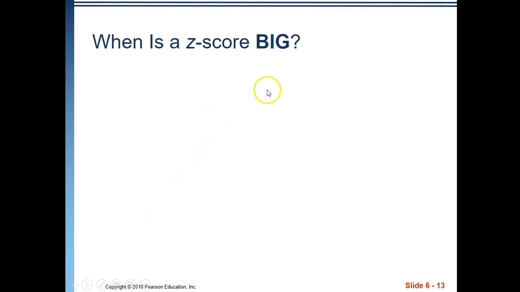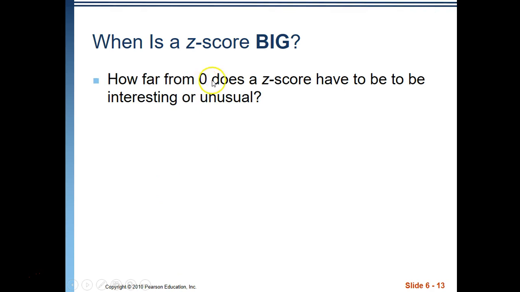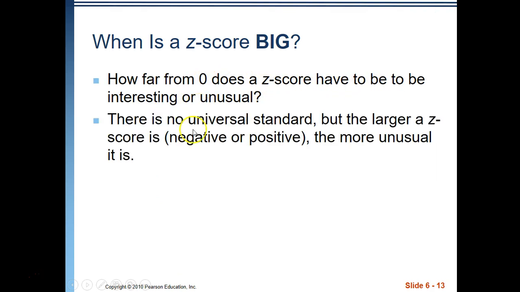How far from 0 does the z-score have to be to be interesting or unusual? There is no universal standard, but the larger a z-score is, the more unusual it is. The farther it goes out, negative or positive, the more unusual it is.